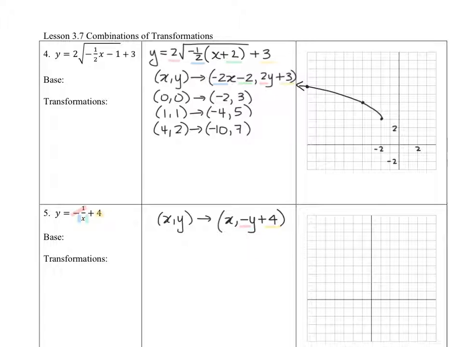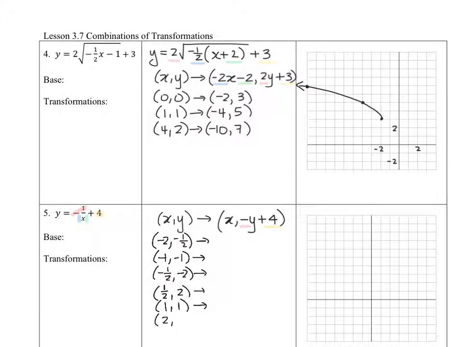So now that we have this as our mapping notation formula, we just need to write down our base graph points. We have (-2, -0.5), (-1, -1), (-0.5, -2). Okay. We have (0.5, 2), (1, 1), (2, 0.5).